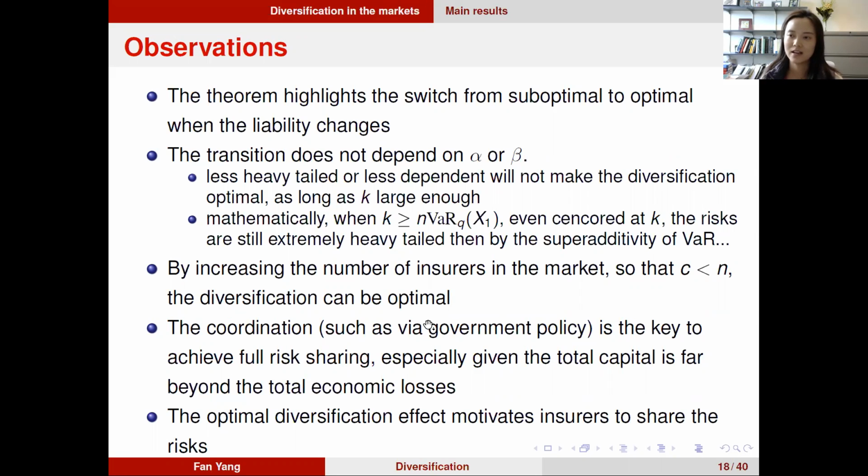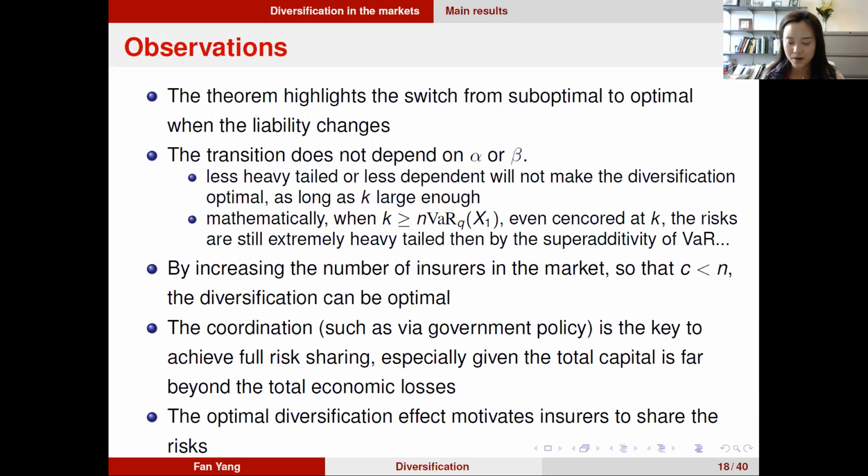And so this shows that coordination is the key in such a market. By allowing more insured in the market, eventually it will benefit everyone. Especially in a market that certainly has the total capital to really cover the losses, they have the ability, but they all have to participate.